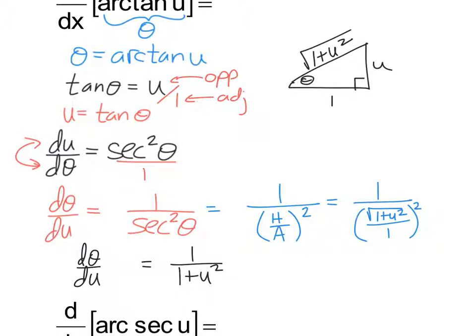All right, and that's again because if I square this radical, it's going to go away, leaving me just a 1 plus u squared. Square of 1 is a 1, a fraction over 1 is itself. So this numerator stays as a 1. That whole quantity squared on the bottom just cleans up to a 1 plus u squared, which is really nice. So then all I have to do to get my d theta dx, which is my ultimate goal here, is multiply both sides by du dx.